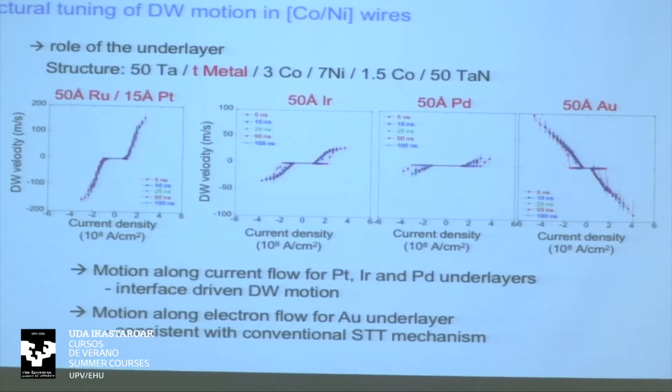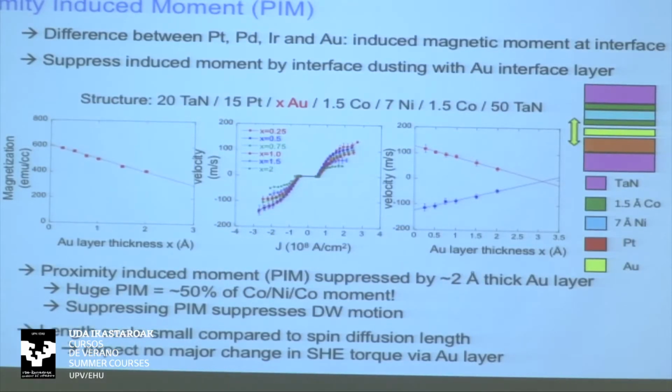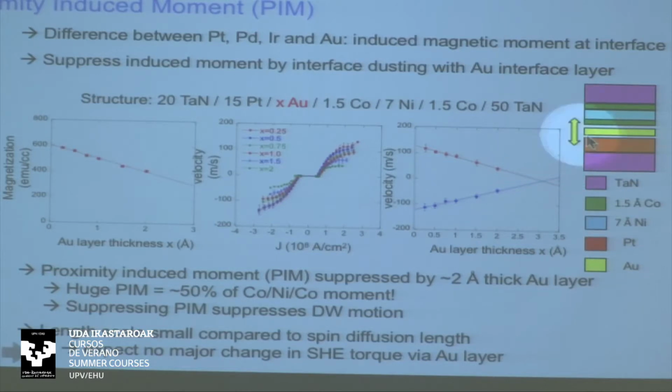And this is just to demonstrate these concepts. Platinum, iridium, palladium drive the domain walls in the direction of current, but gold drives it in the opposite direction. And it's amazing that in some sense we can tune these interfaces. For example, we can take this structure with a platinum layer and then introduce a tiny layer of gold between platinum and this first cobalt layer.